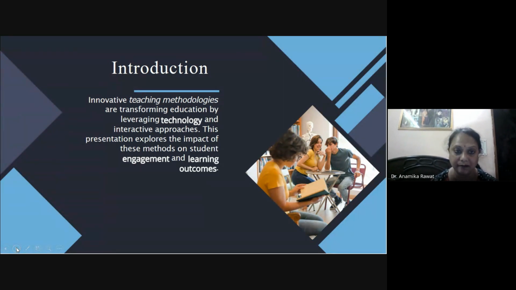The next thing is interactive sessions. Rather than the traditional method, we have to use interactive sessions in the class where more and more students engage in GD, group discussion. They talk about individual topics. We have to interact with them one by one and in groups also.